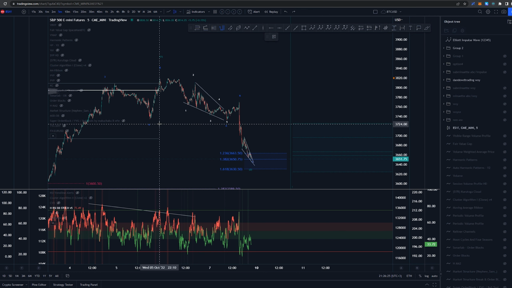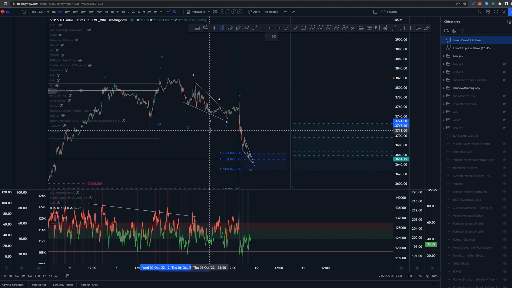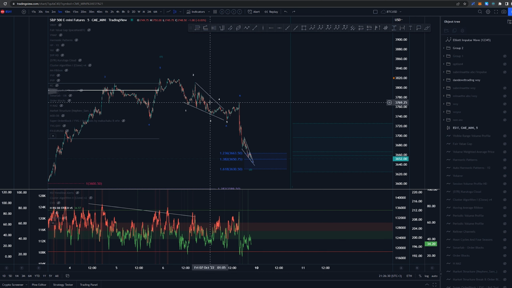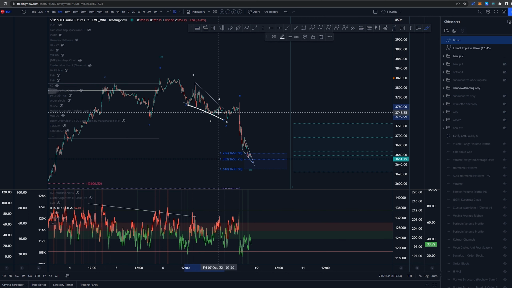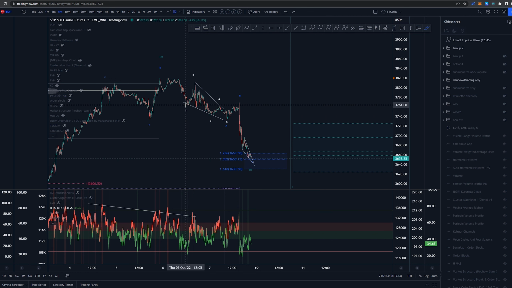Each of these waves is smaller than the next one, as it should be, in price and in time as well. Time is definitely an important factor here, and that way we can determine what is the most likely outcome.